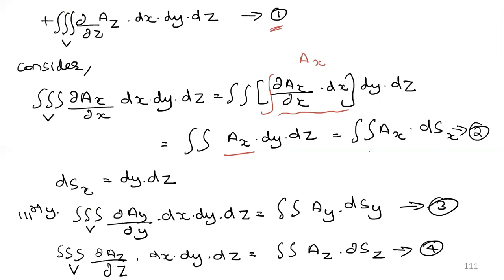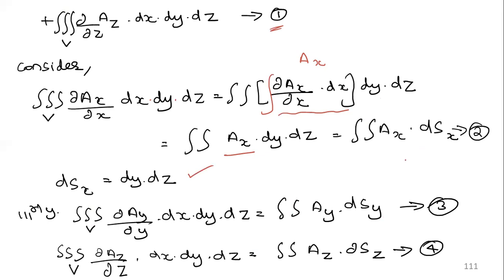Is that step clear? Equation number 2, how we obtained it, is it clear for everybody? Akhsa, did you understand? Akhsa, Santhosh? Okay. So dsx is dy dz. Similarly the triple integral over V of dou ay by dou y into dx dy dz gives the double integral of ay dsy.